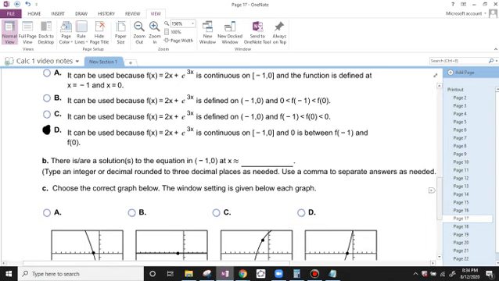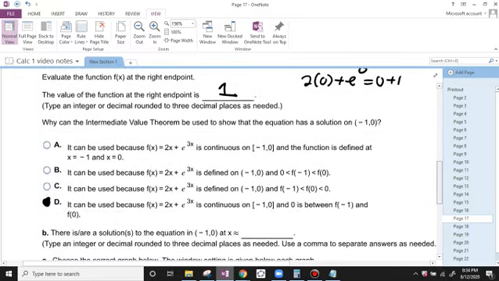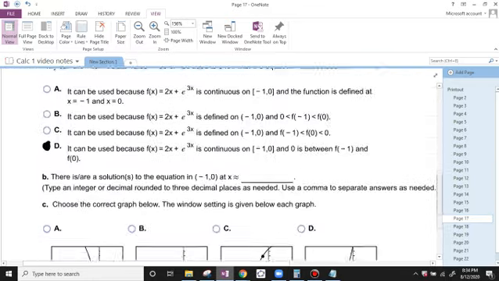We can try and guess where this is. We'll use a graphing utility. So we'll go back to Desmos, 2x plus e to the 3x. Let's take a look here.